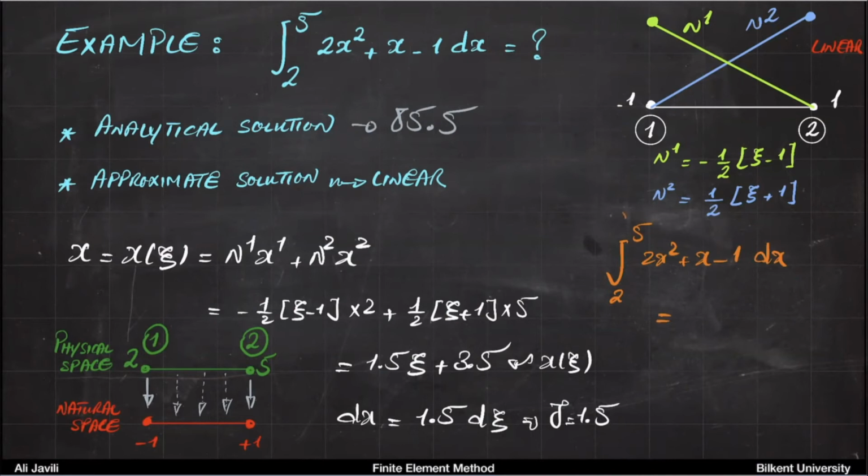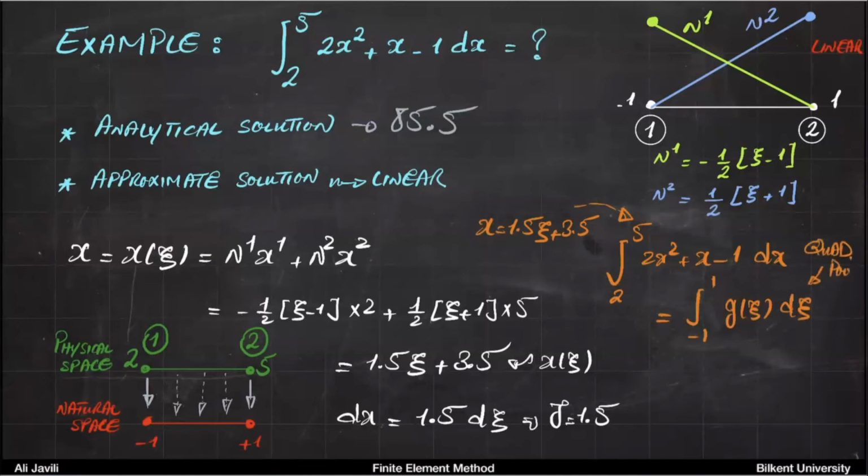So inside this, you should just say x equals 1.5 c plus 3.5. If you do that, you get a function which is integrated from -1 to 1, g(c) dc, and that function is quadratic actually, because we didn't change the order due to the change of the coordinates.